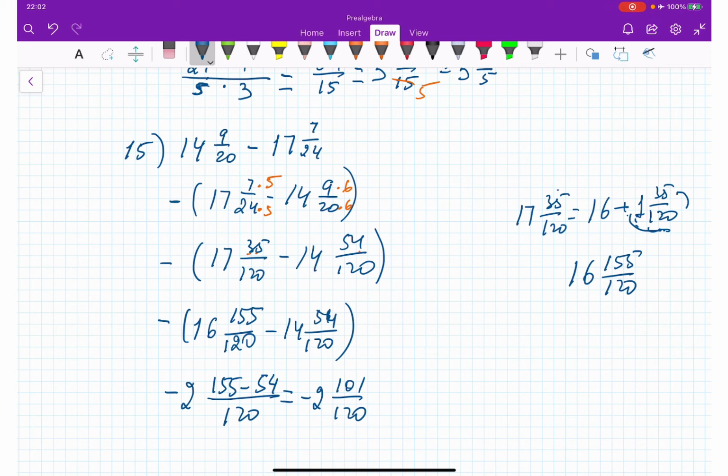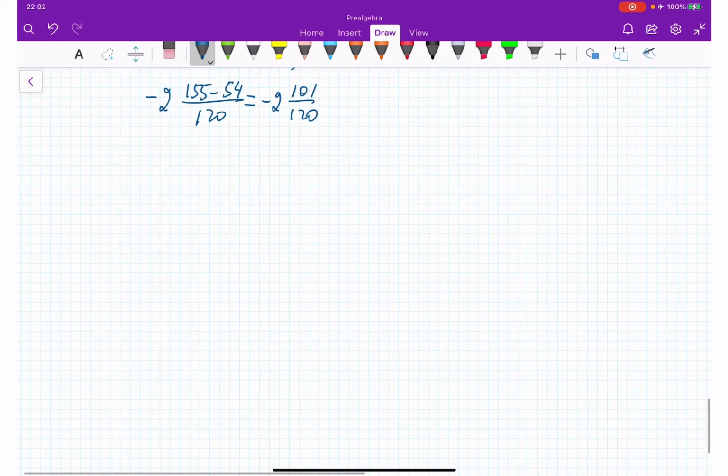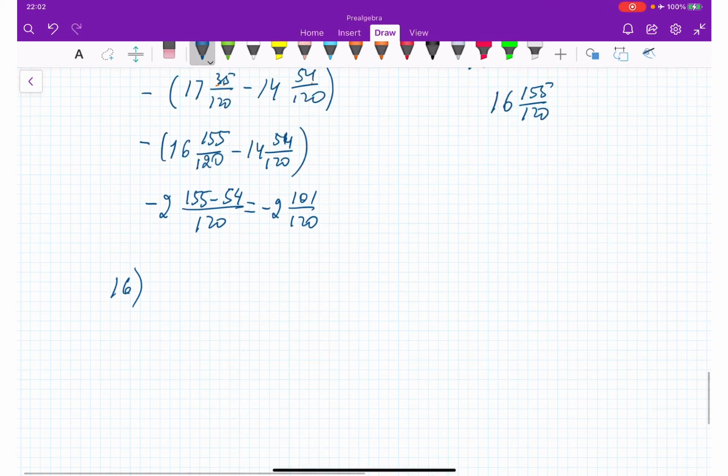Okay. Next problem, number 16. So before I move over, I would like to emphasize this method I just used. So make sure we understand.